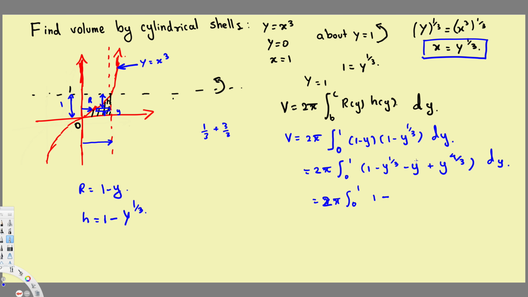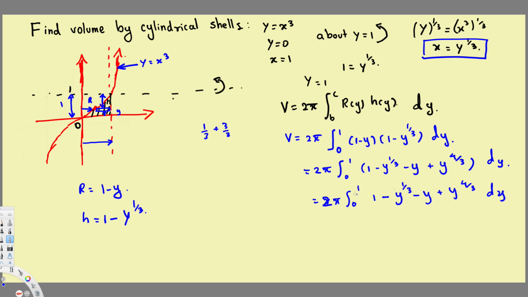We just have to add these two, so that's going to be 4/3, y to the power 4/3. Oh wait a minute, we can't do that, because this is not multiplication. This is addition, right? So we can't do that. Let's keep it as it is: 1 minus y^(1/3) minus y plus y^(4/3).